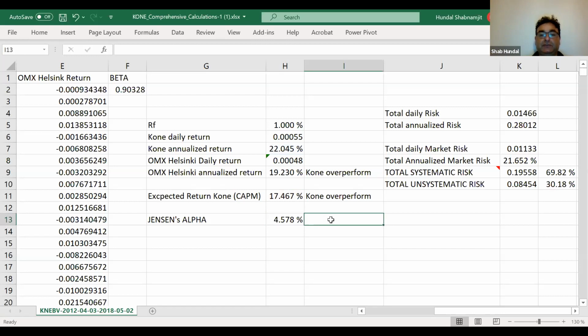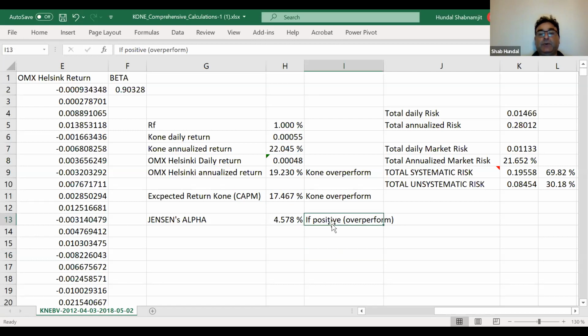And if this is positive, then it's overperformance. Because the actual is 22% and the expected is 17.5, it's about 4.5 to 4.6 percentage points of overperformance. So the bar was here, but the athlete jumped almost 5% above the bar.